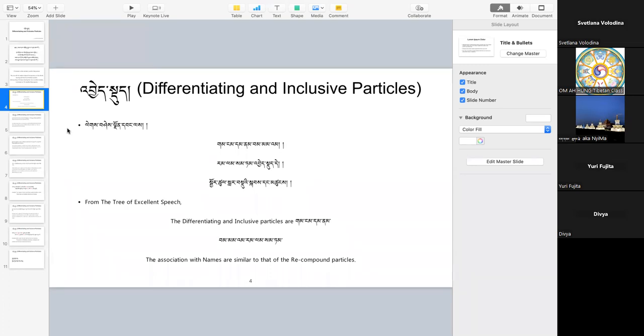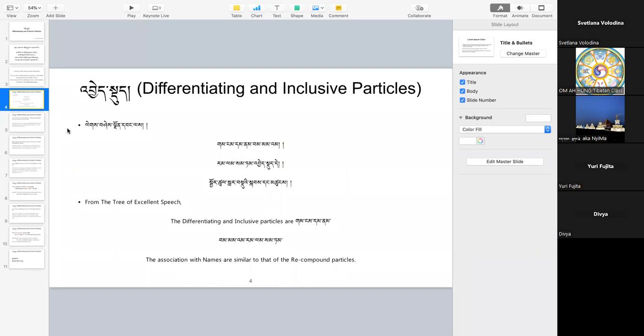Dependent on what? What is dependent? Association. Association of what? Association of the particles. Association of particles with what? With the names. The association of the particles with the names is dependent on what? Dependent on certain rules. And what are these rules based on? Based on the suffix letter.